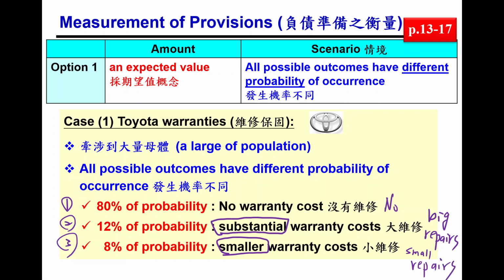So we will use expected value 期望值 when we have only two or three outcomes, and each outcome has different possibilities. Based on this, we use expected value to get our best estimate. For example, for warranty cost, in the first case your cost is 0, right?